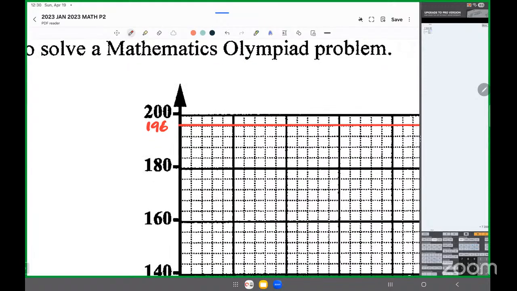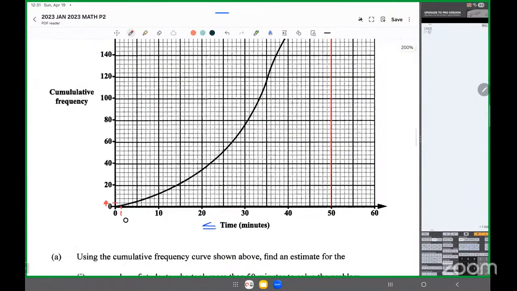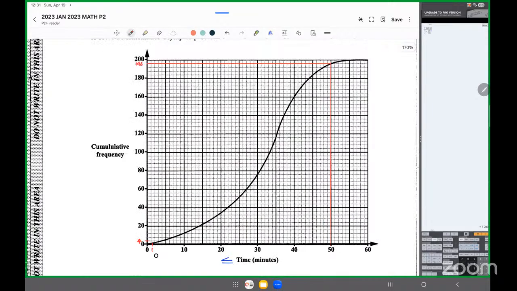The rest of them took more than 50. So 4 of them took more than 50. So let's connect back to 50. See here, the 50 on the graph corresponds to 196 students. So it means that 196 took less than or equal to 50 minutes. So the rest of them, of the 200, took more.